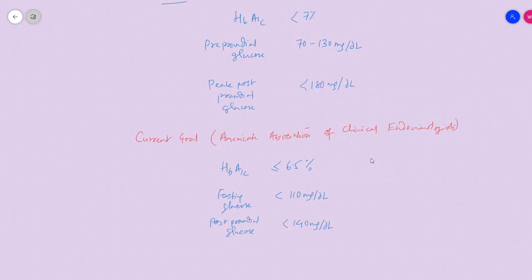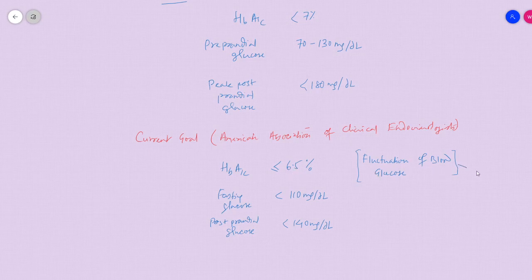So if there is a massive fluctuation of blood glucose, it should be avoided, because fluctuation can result in increased HbA1c.